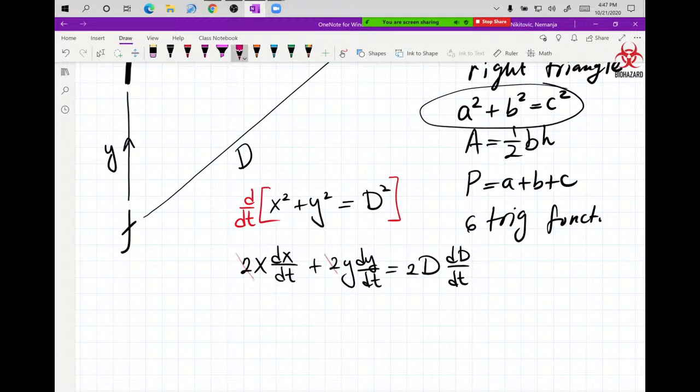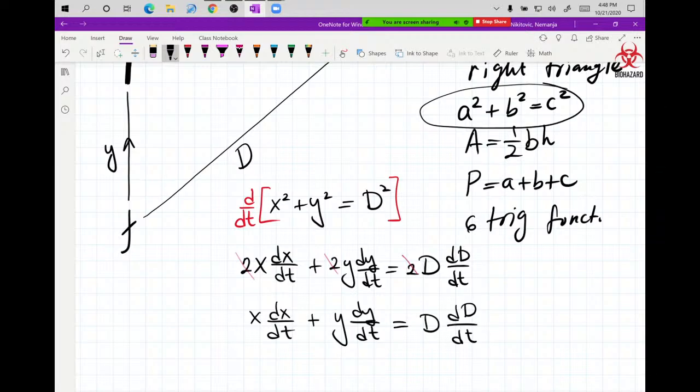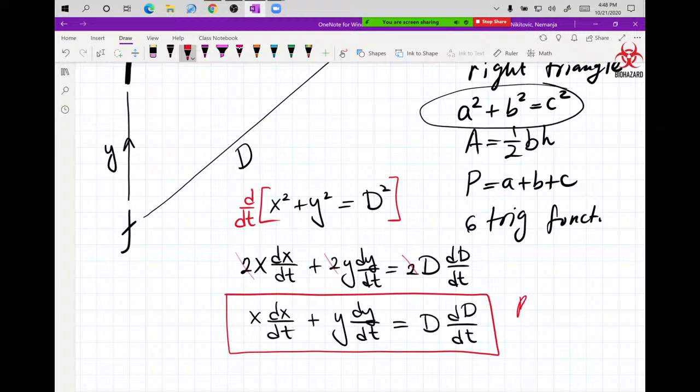I divide both sides by 2. And you will have x dx/dt plus y dy/dt is equal to d dd/dt. And at this point, you have your related rates model. This over here is the related rates model.